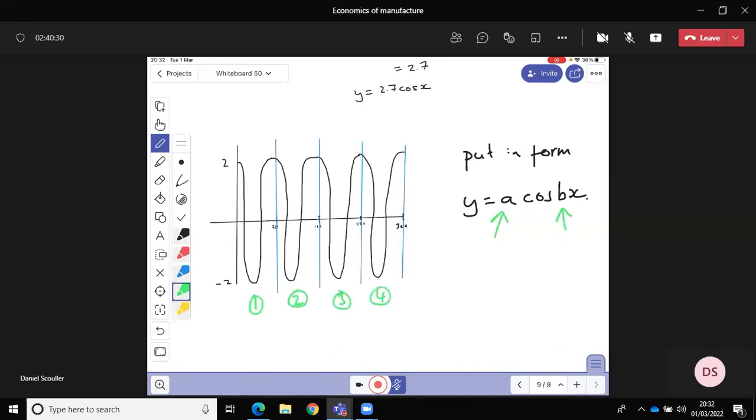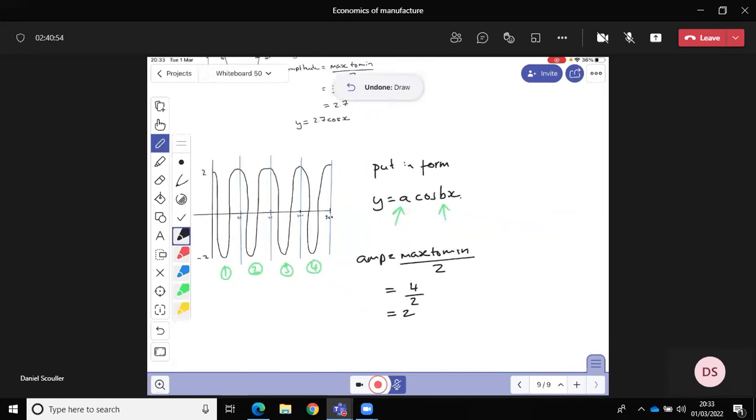That fills in your b, and then the amplitude is your top to the bottom divided by 2. So your amplitude, your max to minimum over 2, which in this case is 4 over 2, 2.